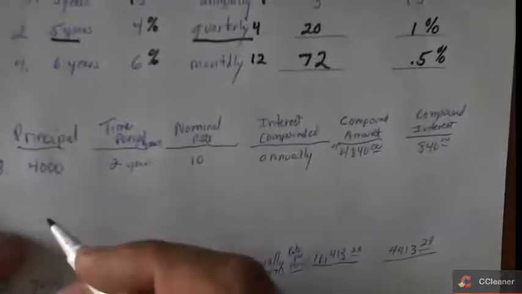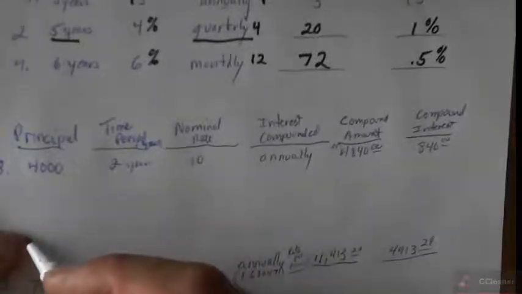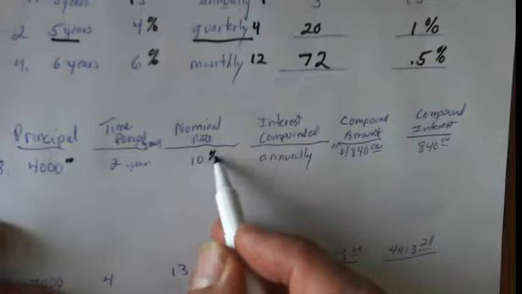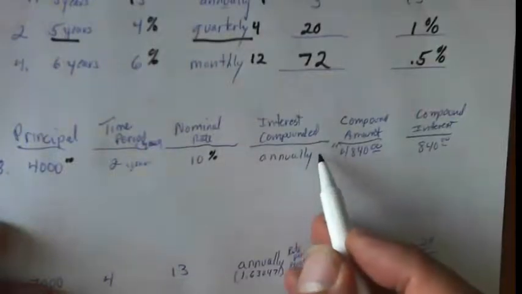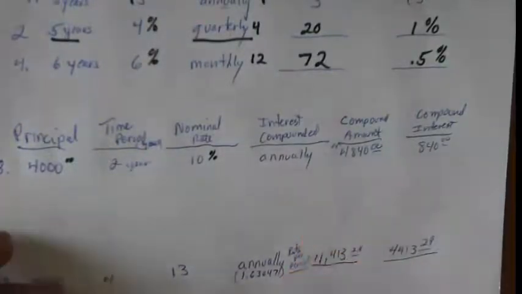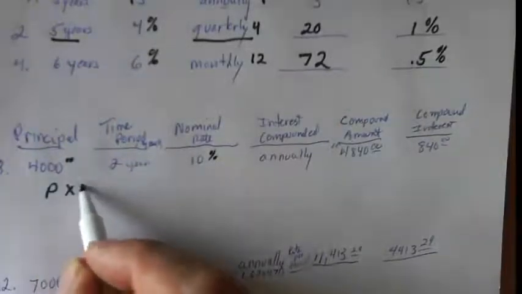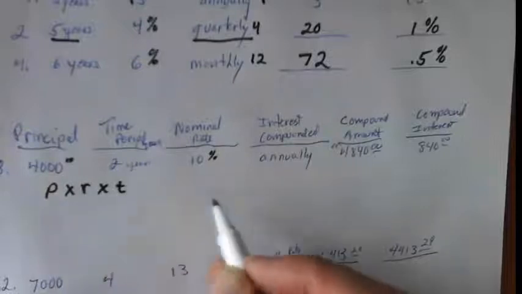So number 8 is done, but I wanted to show you how they got that. We have principal is $4,000, the rate is 10% annually, so it's done once, and a period of 2 years. So basically it's principal times the rate times the time, in years.